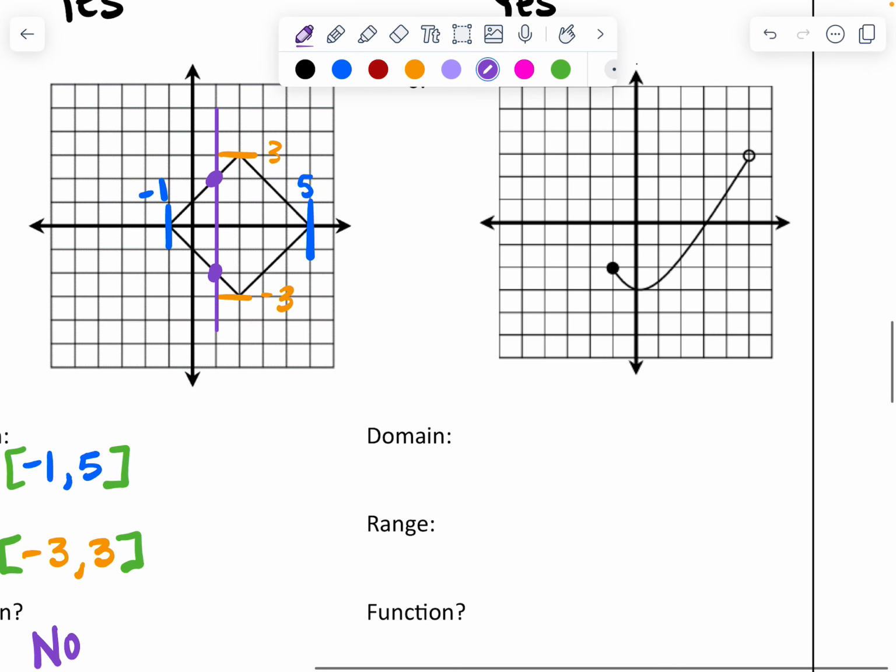And last example, the domain is -1 and 5, with a bracket with the -1 and a parentheses with the 5.